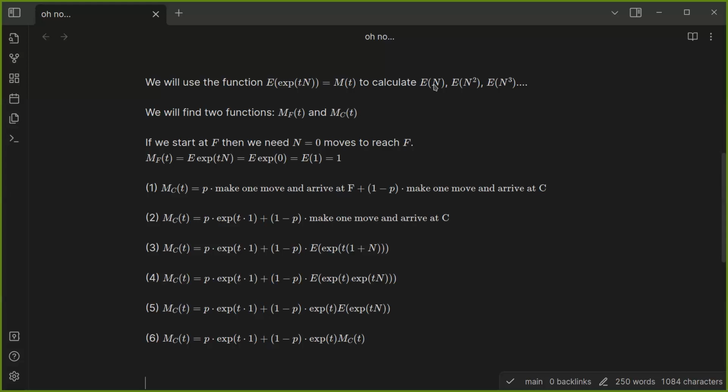It's probably better to see what will happen, how we will use t. So just bear with me and you will see why it was a good idea to introduce t in our game. So we will use this function. For example, you have a parabola, a quadratic function, and you can encode in this function the roots of the polynomial.